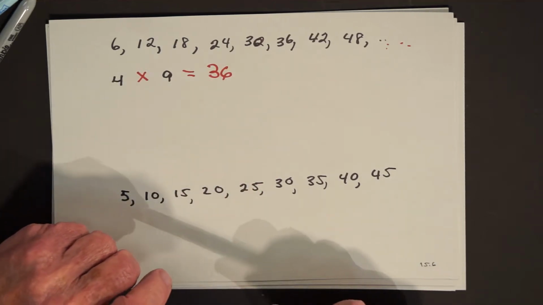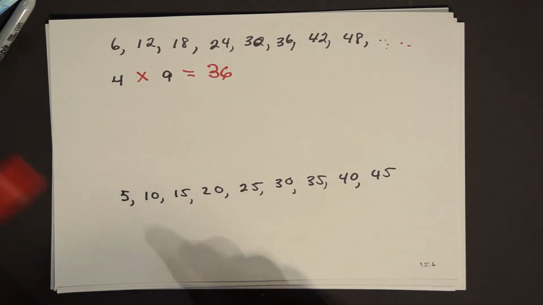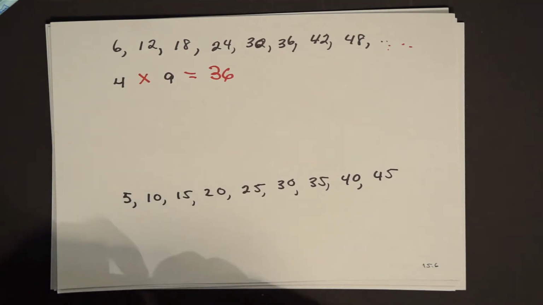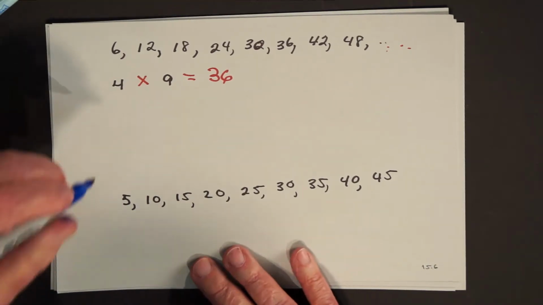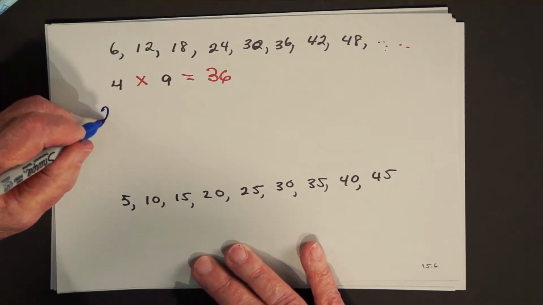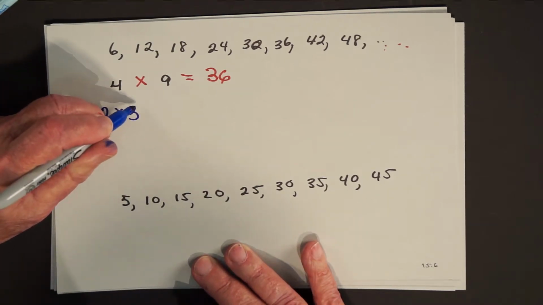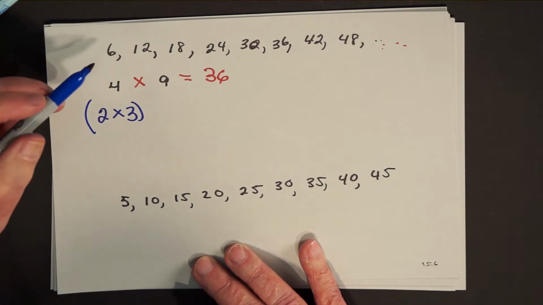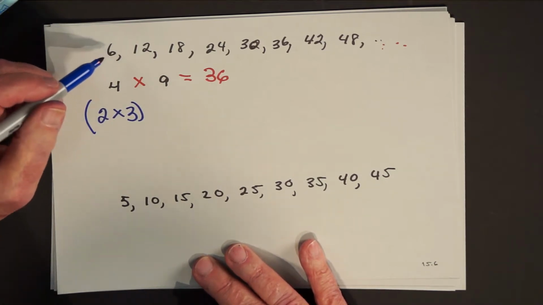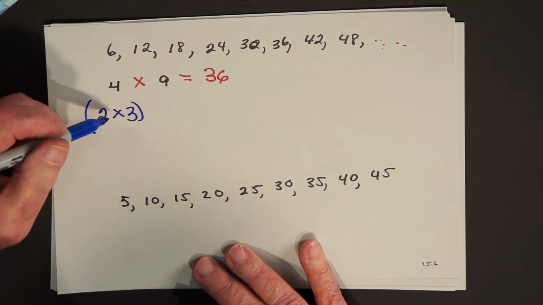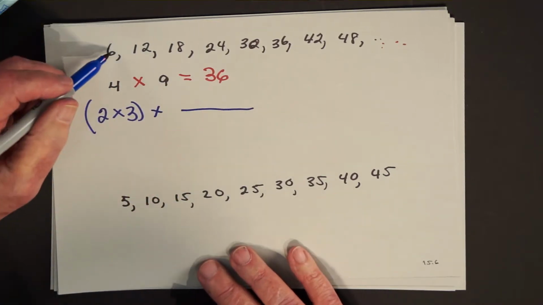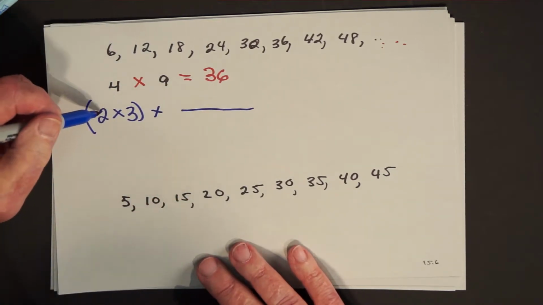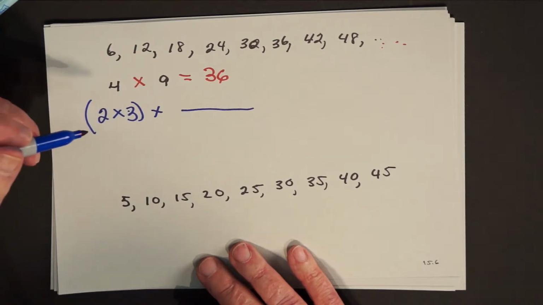Now, why did that happen? Well, one way to look at this is that 6 is not a prime number. Doesn't 6 break down into 2 times 3? So any multiple of 6 is a multiple of 2 times 3. In other words, to belong to this list, you have to be divisible by both 2 and 3.